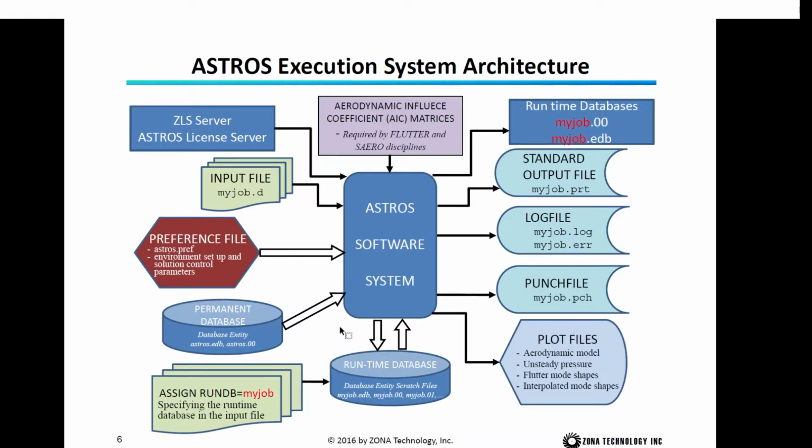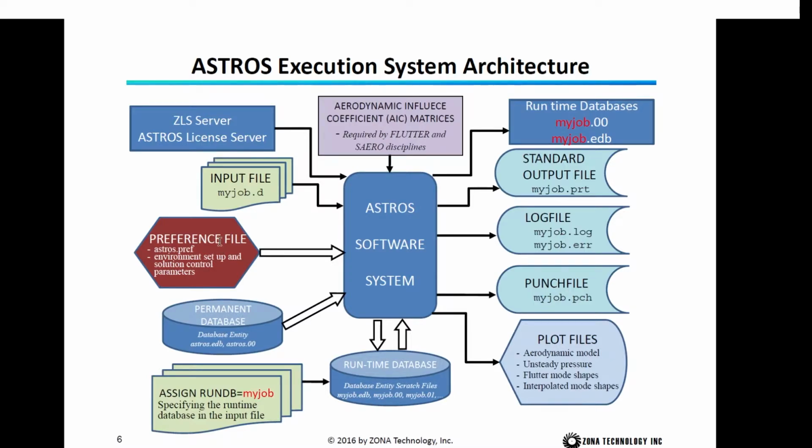This is the architecture of the ASTROS system. So you have the ASTROS software system. You have several input files. Of course, you need an ASTROS license server, and you have an input file, and you have a preference file. You have a permanent database.